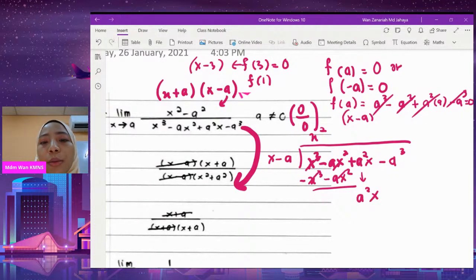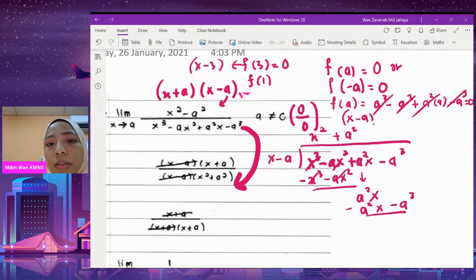What makes a square x? You have x here, so you need a over here. Right? Is a enough? No, you need a square. So a square x minus a cube. Okay, all right. So you get x square plus a square.